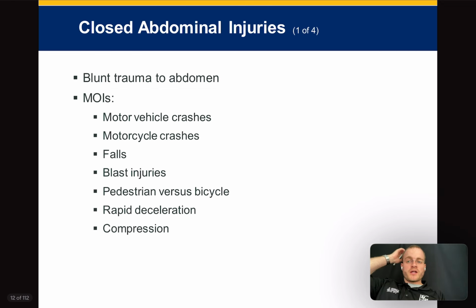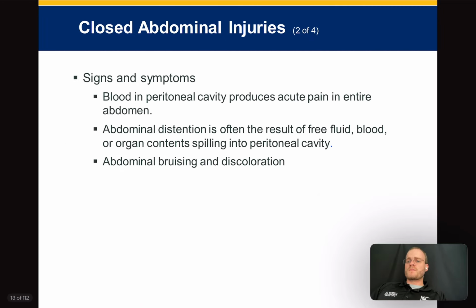And so blunt trauma to the abdomen can be from motor vehicle collisions, motorcycle crashes, falls, blast injuries, pedestrian versus bicycle, pedestrian versus car, we call those autopeds, rapid deceleration, compression like asphyxiation, right? All of those. And blood in the peritoneal cavity produces acute pain in the entire abdomen. And so the innervation for sensation inside the abdomen is not like the innervation of our skin or anywhere else even.